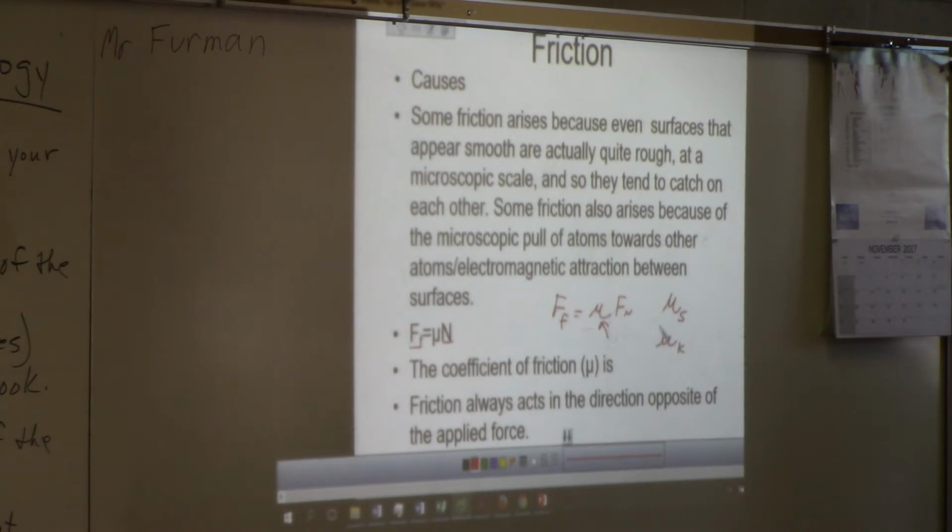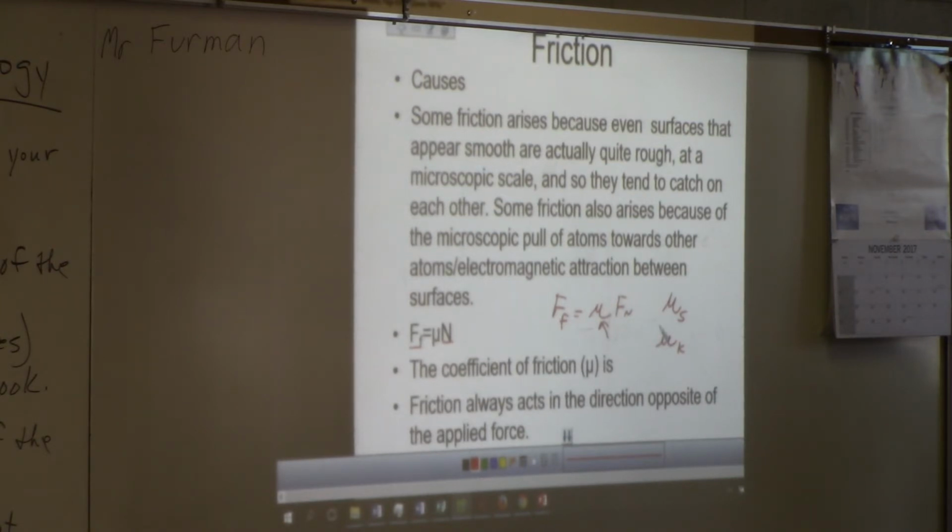So it depends on when you're looking, and a lot of times the problem will provide you both of these mu values, and you have to determine, is this object moving? If so, I use the coefficient of kinetic friction, or maybe this object is not yet moving, I'll use static friction. Generally the problems will provide you both of those just to test and see if you understand what type of friction is in place.